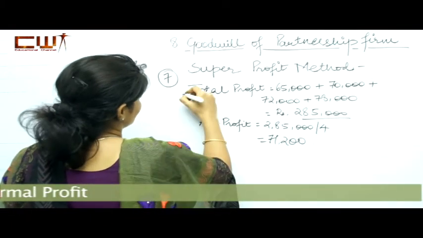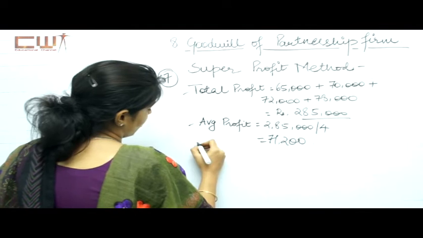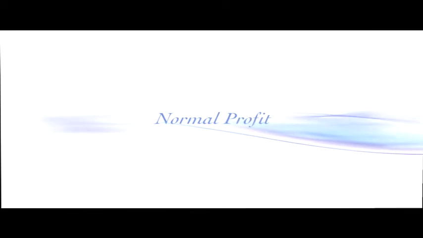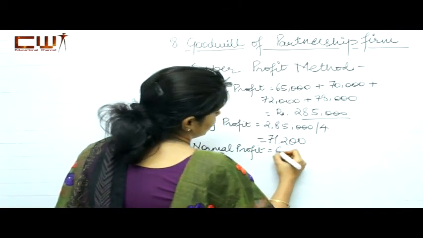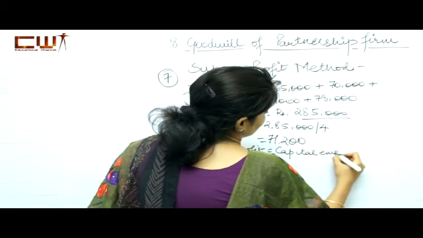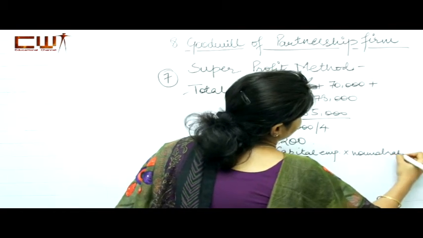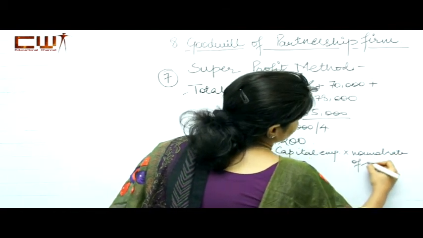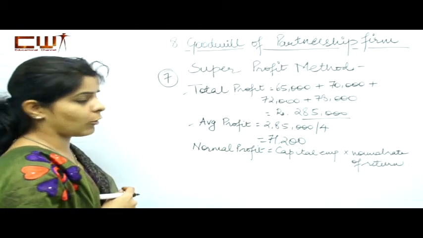Next step, you will find out the normal profits. For that you require normal profit. Please write the formula. Normal profit is capital employed into normal rate of return. This is the formula for normal profits.